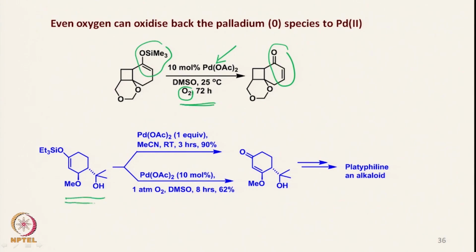In this example, the enol silyl ether is already formed, and with one equivalent of palladium acetate the reaction was done to get to this particular enone. On the other hand, if one takes 1 atmosphere oxygen and only 10 mole% of palladium acetate, you can get 62% yield in 8 hours, and that has been converted to an alkaloid. So these are new developments which are replacing the standard benzoquinone co-oxidant with something as simple as oxygen.